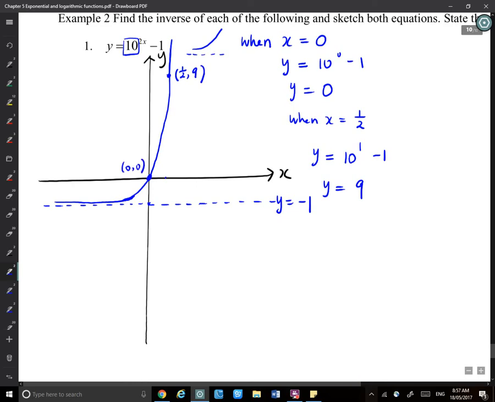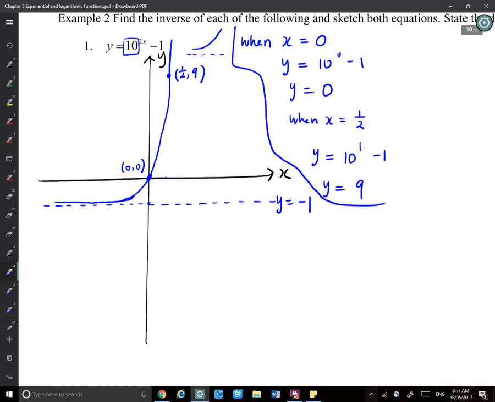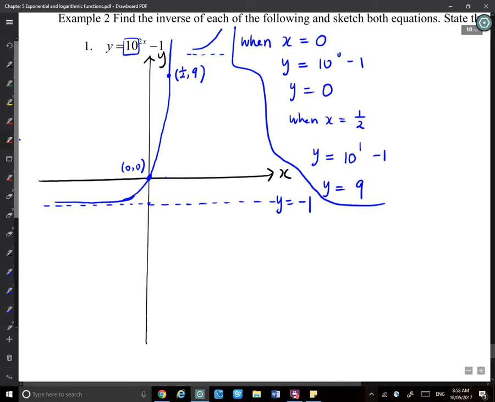And y equals -1 is the asymptote. Without finding the equations, let's have a think. What will be the asymptote for the inverse function? If I have y equals -1, what will be the inverse? x equals -1. It's totally opposite.